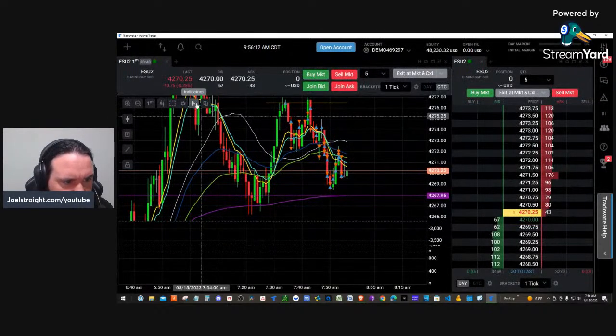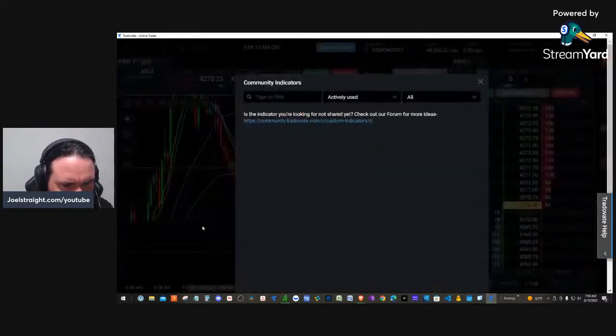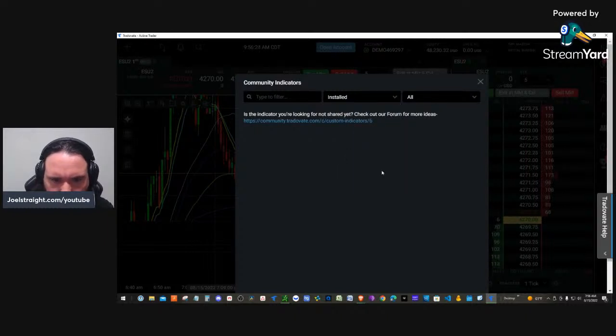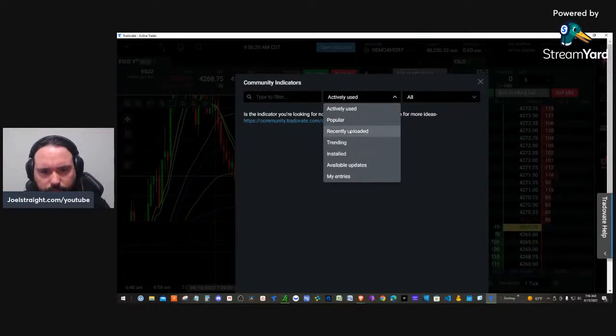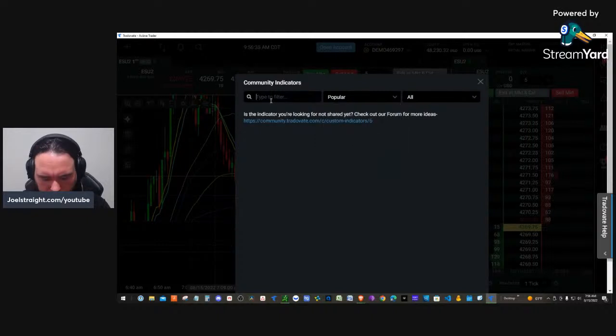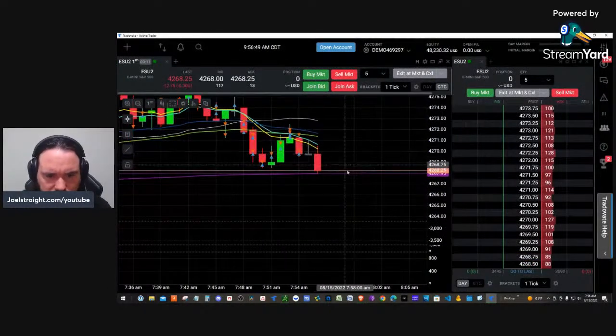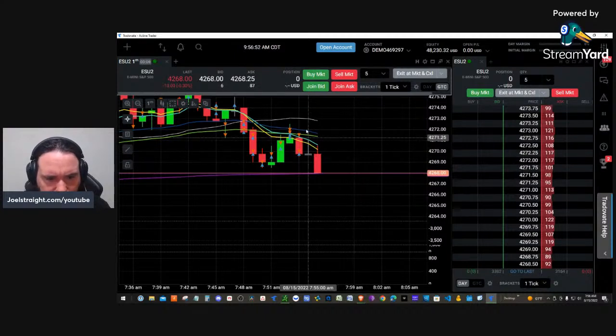Oh, that's just straight up volume. Not sure why I can't get my indicators here. I can't search in the community. Getting quite the pullback down there.